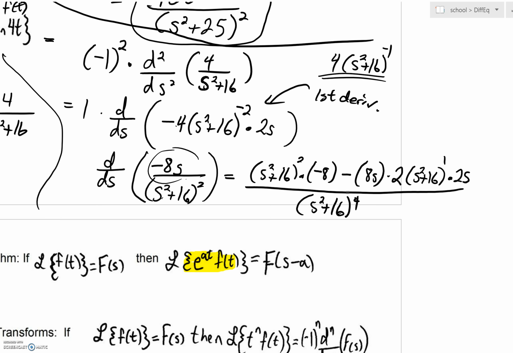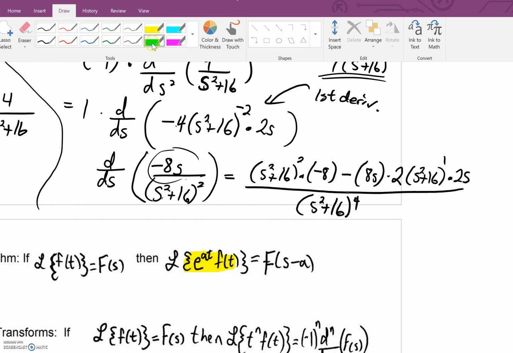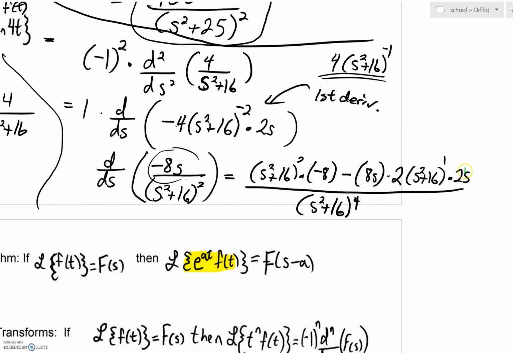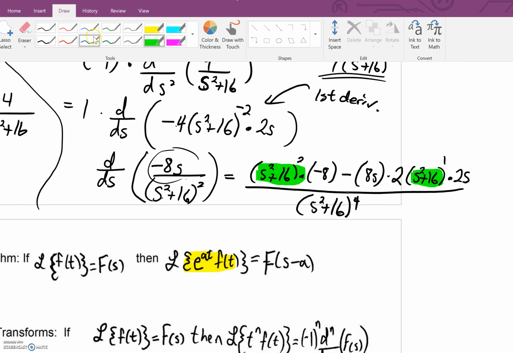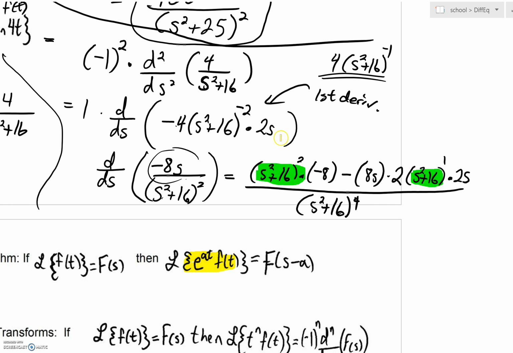And right now that can get a little bit intimidating as you look at this. But I do want to tell you this much. If you're thinking about factoring, that's a good thing. Look, both of these have s squared plus 16 up here, and I can pull something out. Both of these actually have a negative 8s, or negative 8, pardon me.